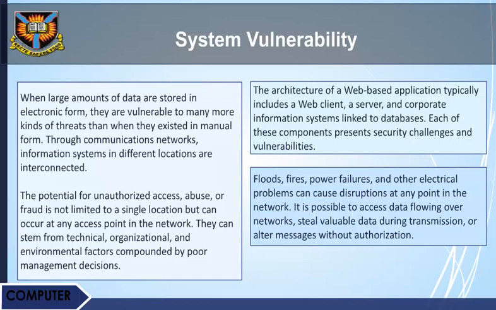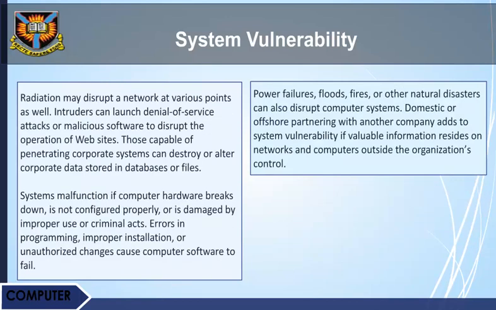Floods, fires, power failures, and other electrical problems can cause disruptions at any point in the network. It is possible to access data flowing over networks, steal valuable data during transmission, or alter messages without authorization. Radiation may disrupt a network at various points as well.